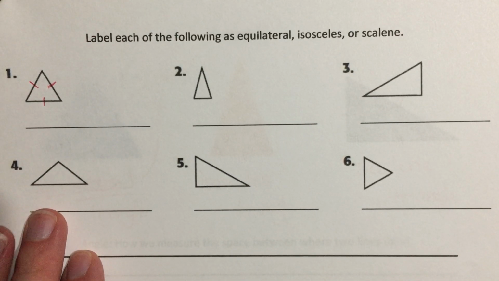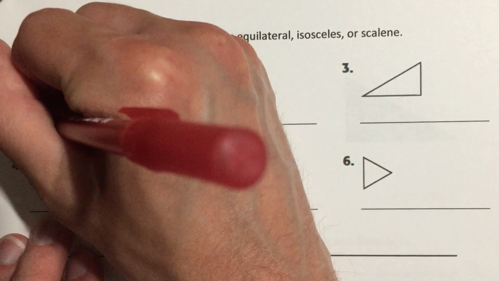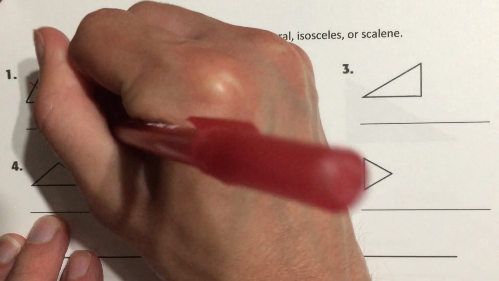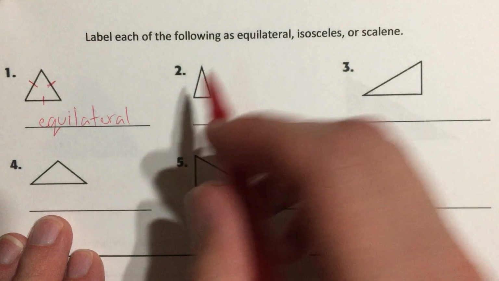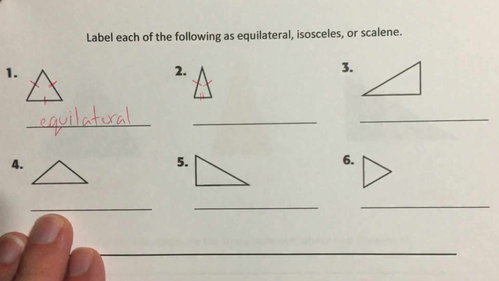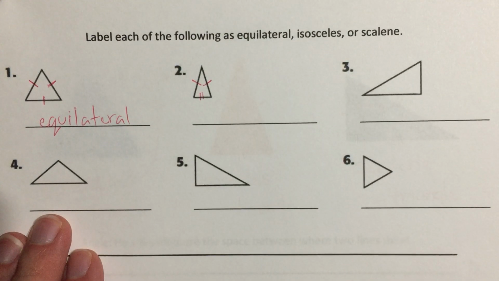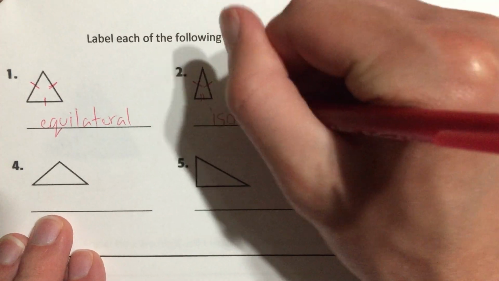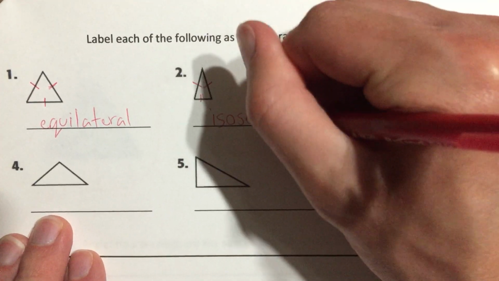All 3 sides being the same length, they're all equal, means that one is an equilateral. Same length sides. Number 2, we have a dash there, a dash there. I'll put 2 dashes down there. That tells me 2 sides are the same. 2 sides tells me it's an isosceles triangle.